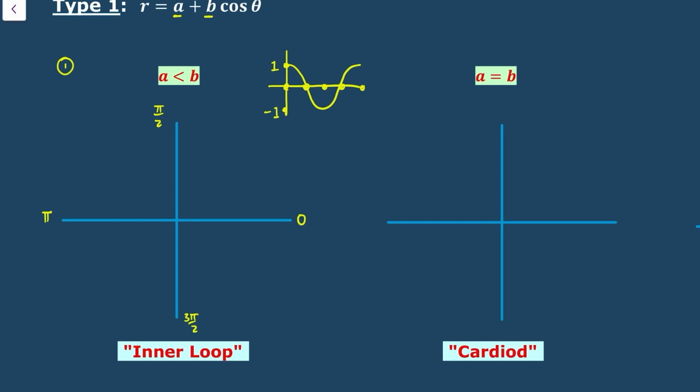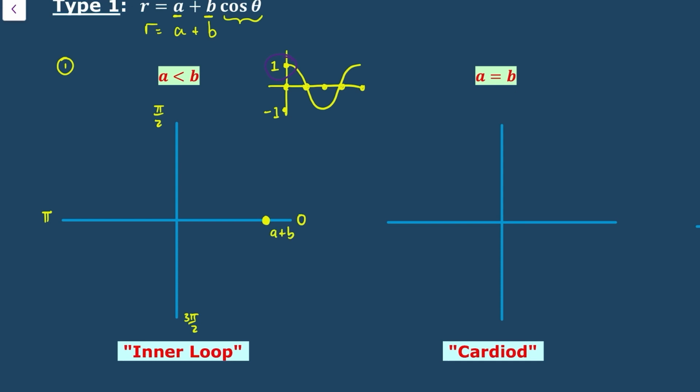So cos of 0 gives me a value of 1, which means that r is equal to a plus b. So when theta is equal to 0, I'm starting here at a plus b.